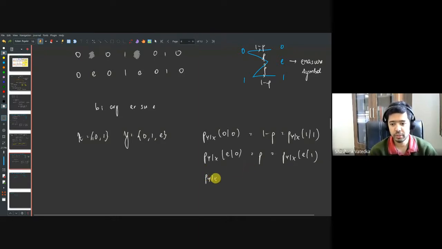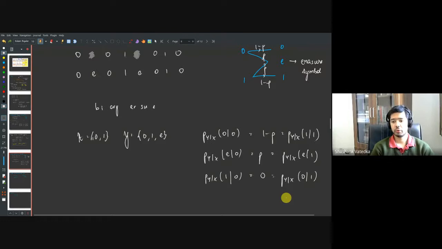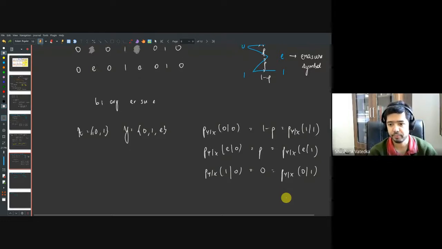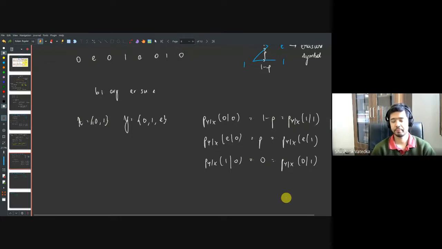But the probability that a 1 is seen at the output given that 0 was transmitted is equal to 0, and this is the same as the probability that 0 is seen at the output given that 1 was transmitted.